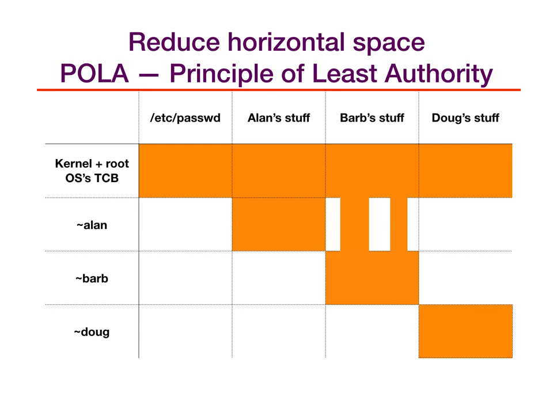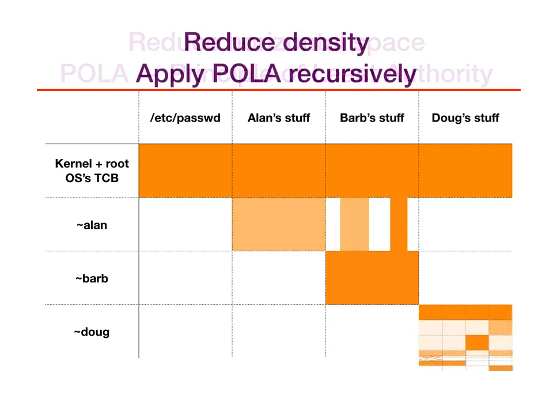Alan only needs access to Alan's stuff and the part of Barb's stuff that Barb wants him to operate on. And Alan doesn't need anything else, so his least authority doesn't consist of anything else. That's the principle of least authority at this scale. But then what we saw is recursively going into each of those boxes and applying the same thing in turn. That's the Menger sponge analogy.